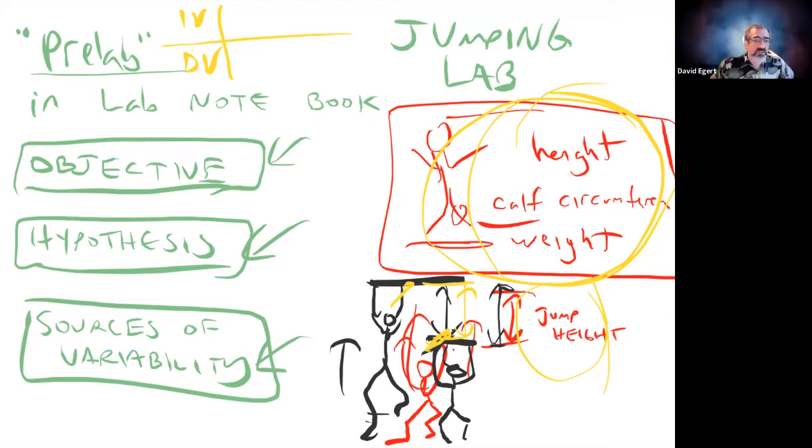Yeah, so say that one more time. Seeing if the independent variables, being the height, weight, and calf circumference, are related to their jumping height ability. Yeah, so it's basically, does their height, calf circumference, and/or weight affect their jumping ability or the vertical height that they can jump? And then what would be a possible hypothesis?